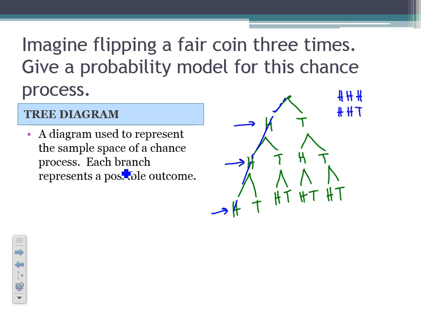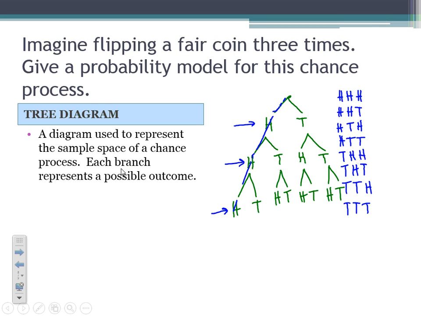I'm just going to go across my branches from left to right. I could go heads, tails, heads. Heads, tails, tails. Tails, heads, heads. Tails, heads, tails. Tails, tails, heads. And finally tails, tails, tails. Those are all of our outcomes.